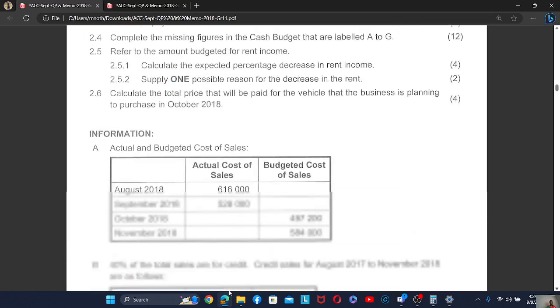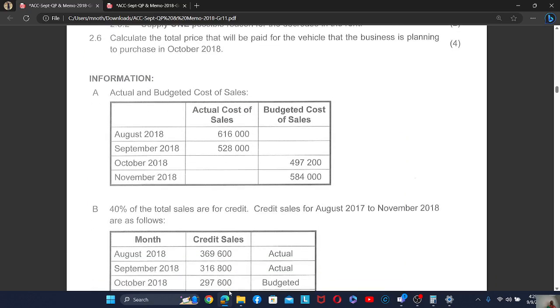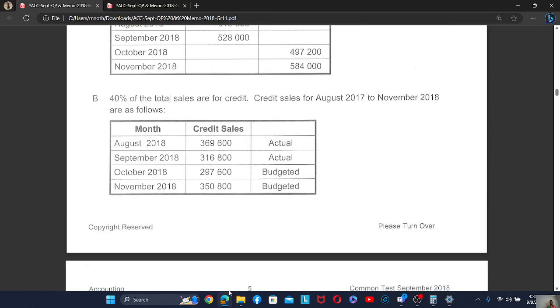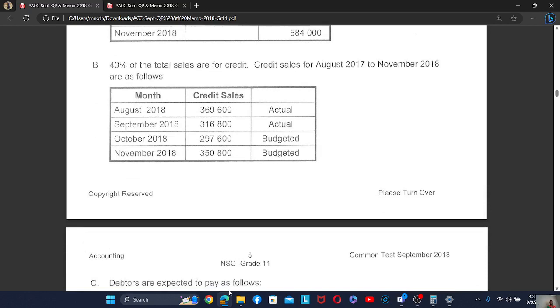Let's quickly go there. In the debtors collection schedule, we only deal with the credit sales. As we know, we have two types of sales: the cash sales and the credit sales.